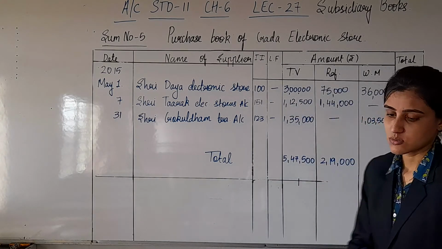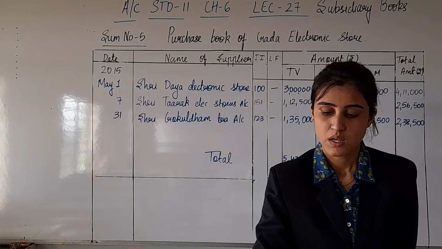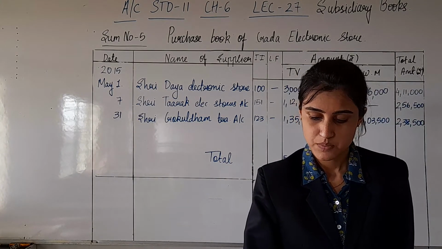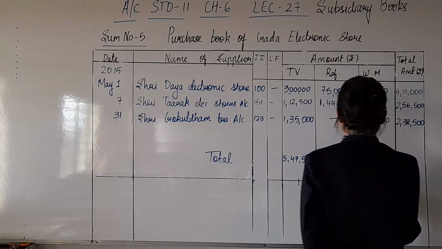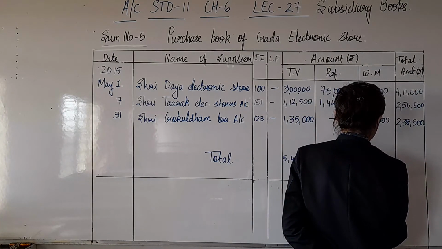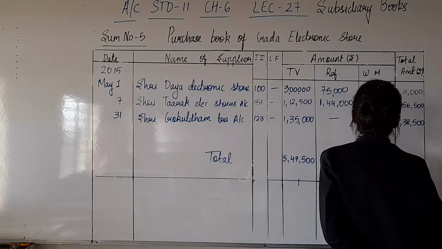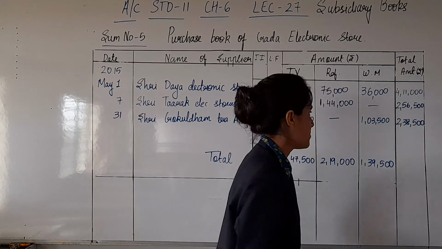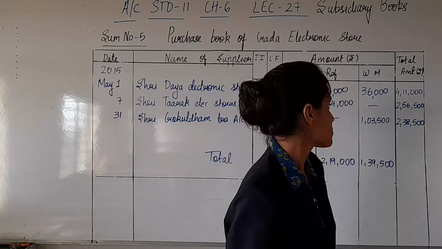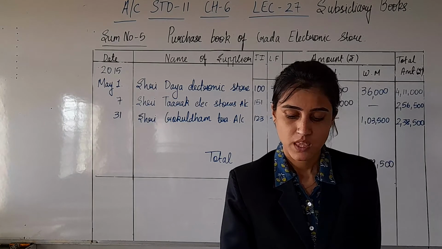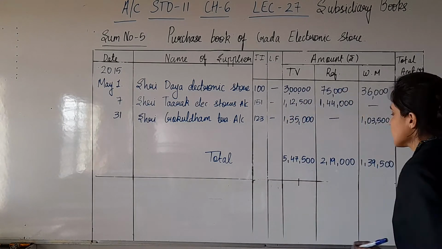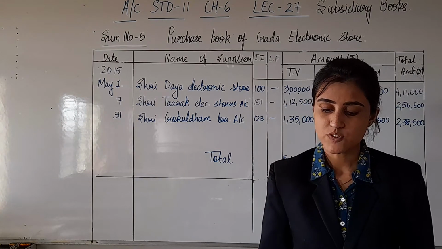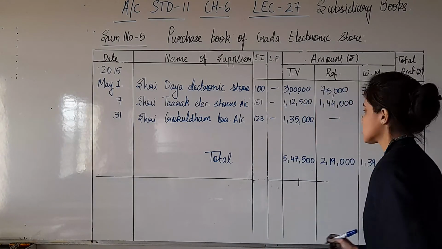Then 36,000 plus 1,03,500, 1,39,500. Lastly, 4,11,000 plus 2,56,500 plus 2,38,500 gives you 9,06,000.